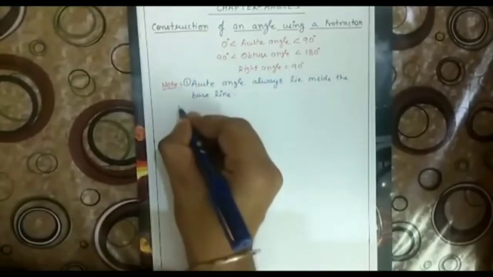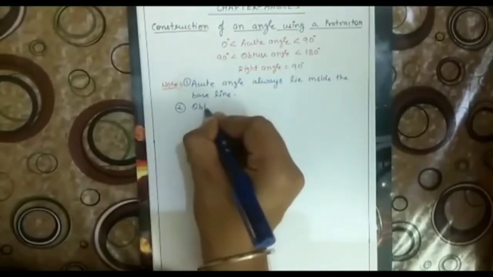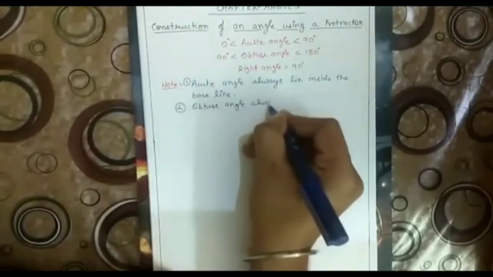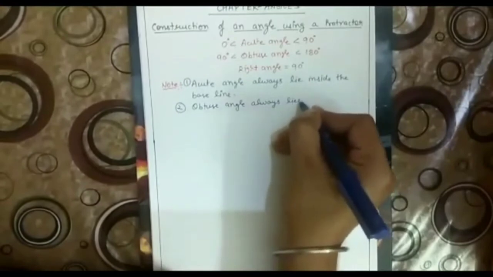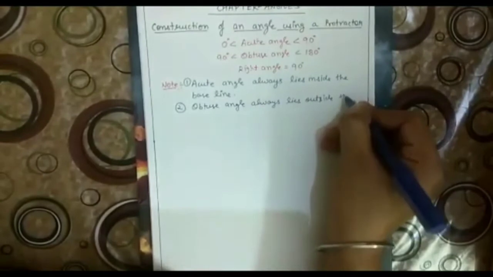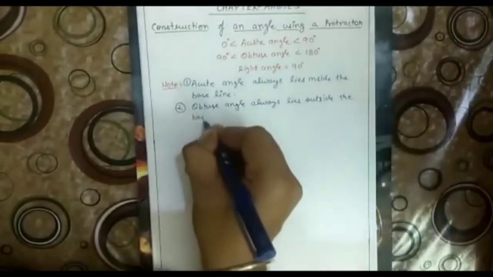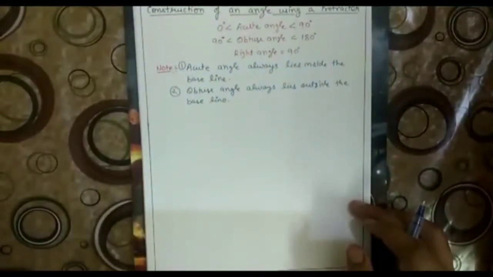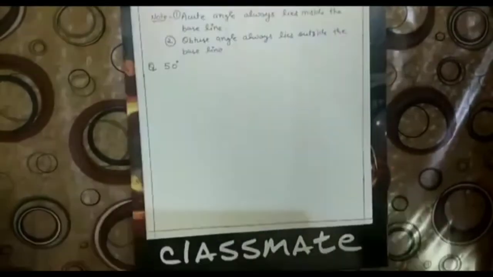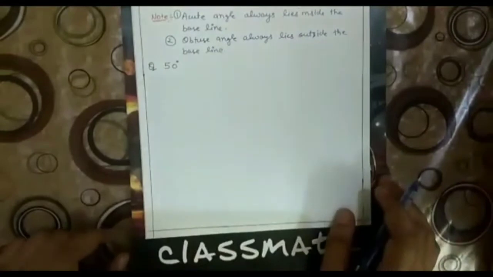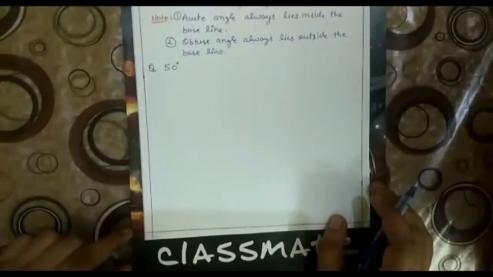This is the first point, and the second point is: obtuse angle always lies outside the baseline. Now these 2 points I will clear with the help of an example. The first example is: draw the angle of 50 degree with the help of protractor.